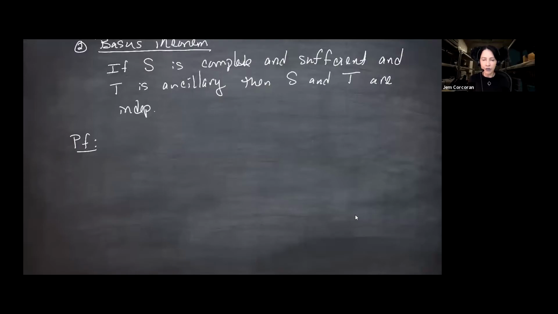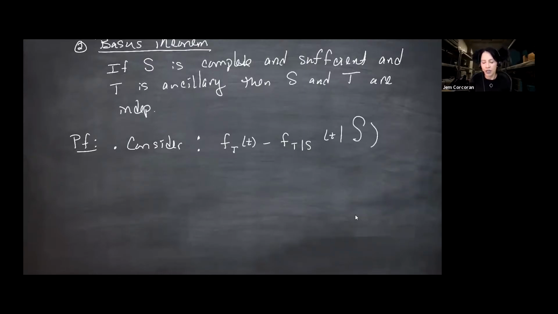So consider the following function of little t and capital S. Consider, I don't want to call it a function, consider this expression. The PDF for T with a little t minus the PDF for T given S with a little t and a capital S, just making that really grossly huge.